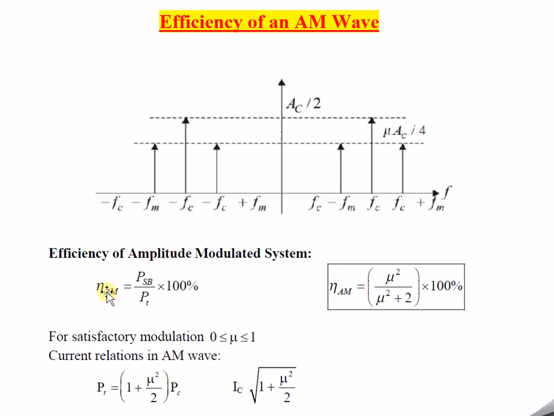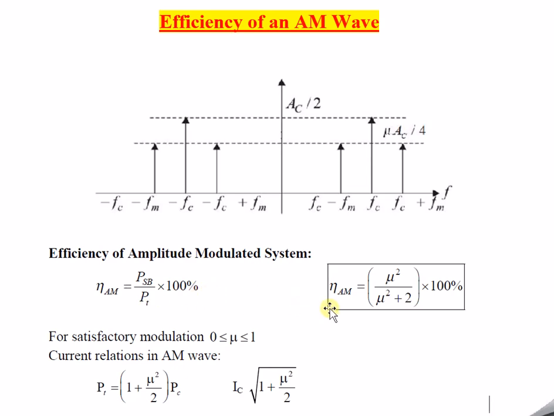How to calculate it? It is very easy, as per the generic definition of efficiency: power at side bands divided by total power into 100. PSB is the power at side bands, PT is the total power, so into 100%.